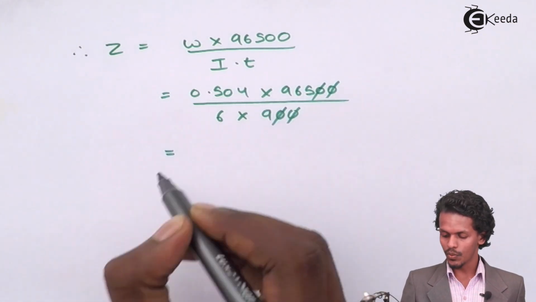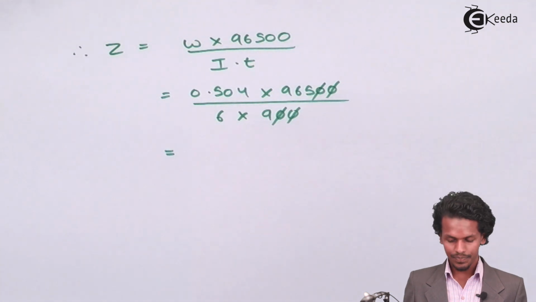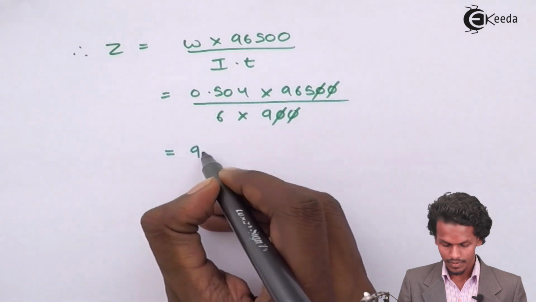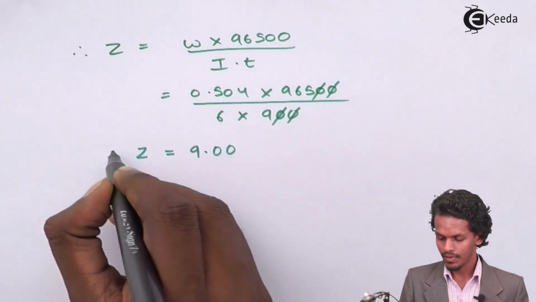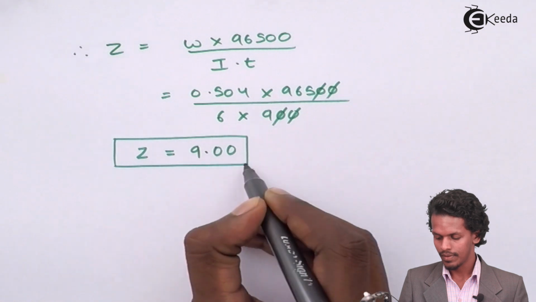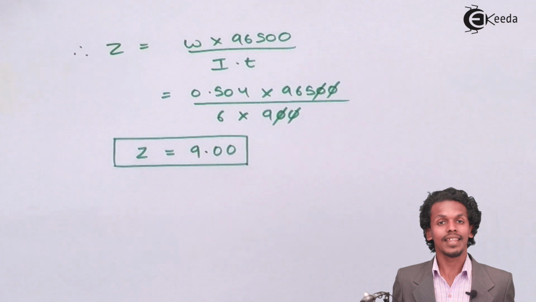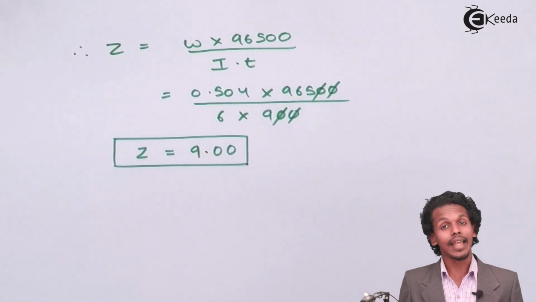By the help of this we could estimate the value of Z. The equivalent weight of the aluminium in this solution was found to be 9.